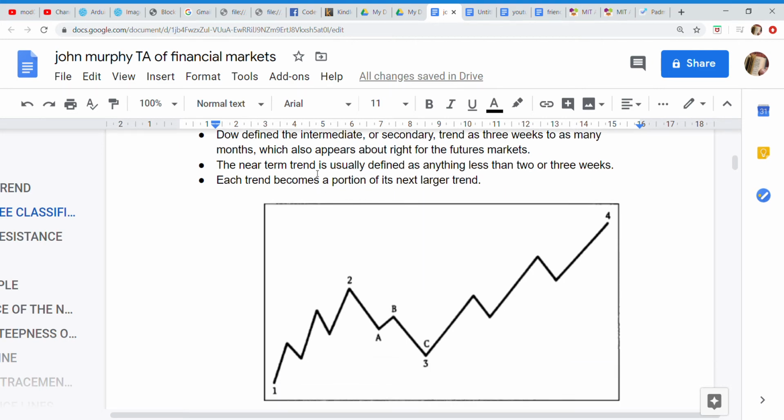The near term trend is usually defined as anything less than 2 to 3 weeks. So anything less than 2 to 3 weeks is called a near term trend.